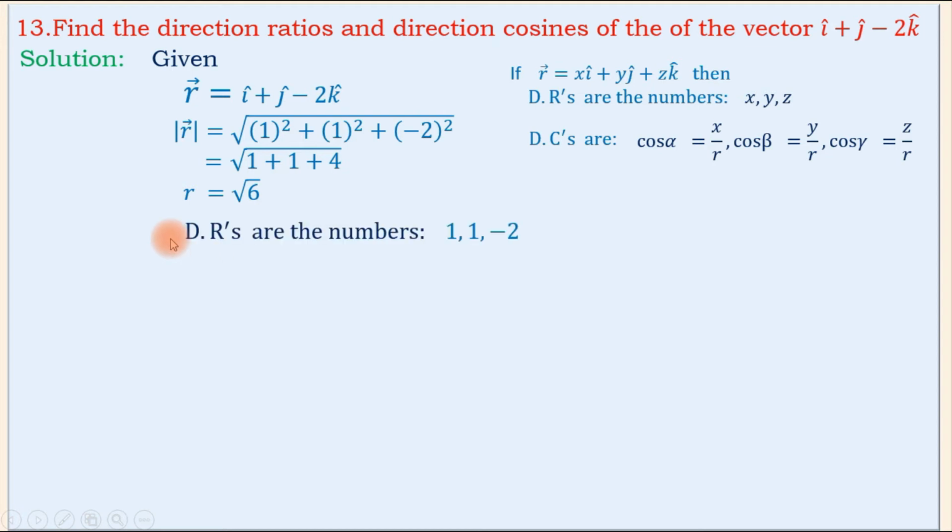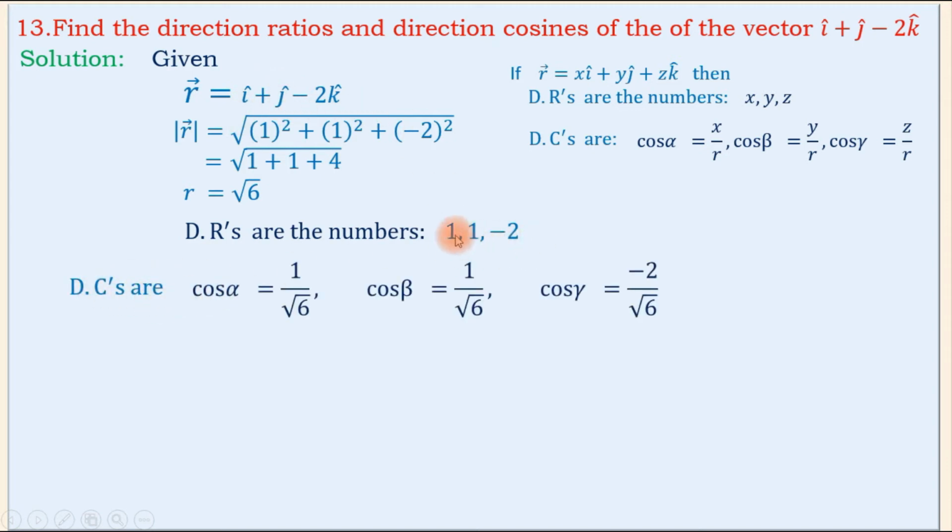So the direction ratios are the numbers 1, 1, minus 2, and direction cosines are cos alpha equals 1 by root 6, cos beta equals 1 by root 6, cos gamma equals minus 2 by root 6. That is 1 by root 6, 1 by root 6 and minus 2 by root 6.